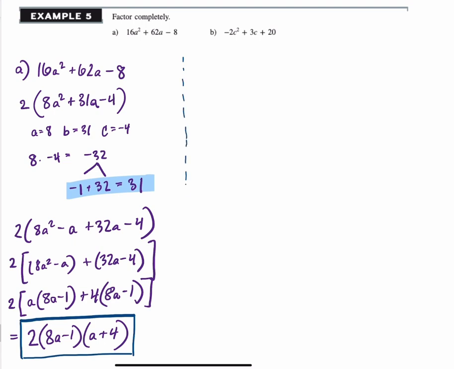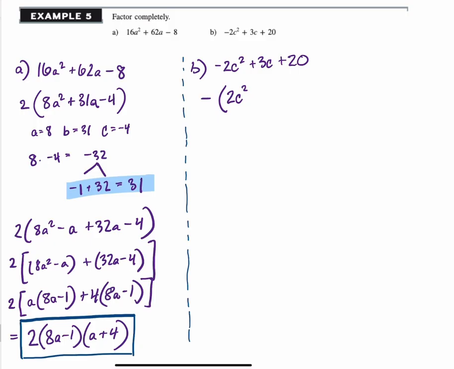Right, let's look at part B. So we have minus 2c squared plus 3c plus 20. This time we can factor a negative out. It's useful to have the first term be positive. So let's take a negative out. Then we'll be left with positive 2c squared.